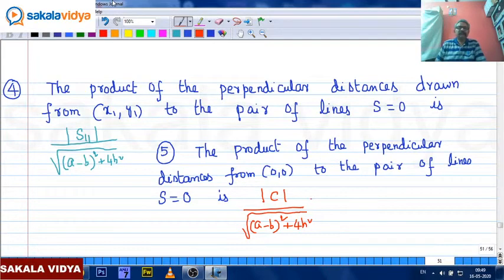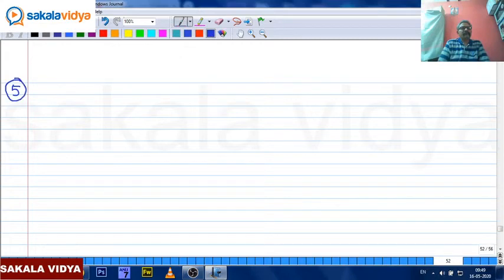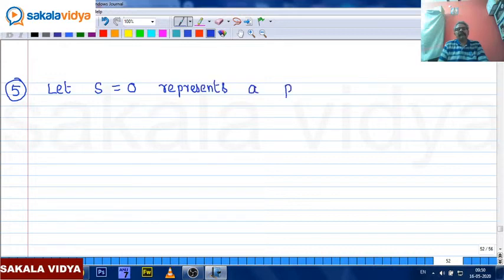Next, fifth concept. Let S is equal to 0 represent a pair of lines.